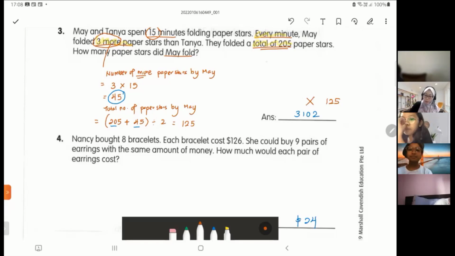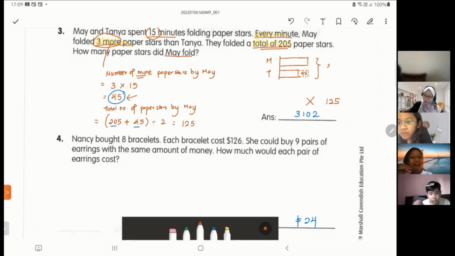Because if you want to know, May and Tanya will have this kind of model. Like this. Right? May has more because May folded more. So when I add this 45, I'm just trying to add in this extra 45. So when I add in the 45, then the model will be 205 plus the 45.